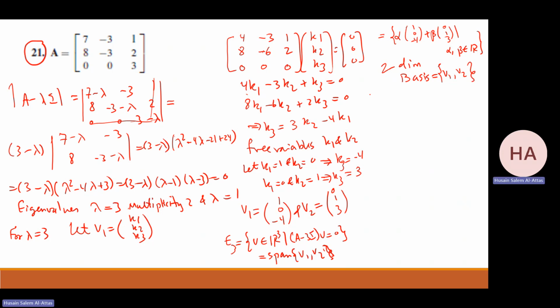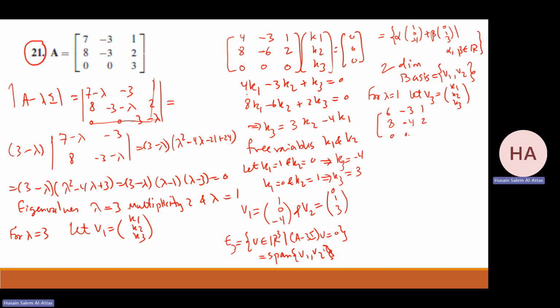Now for lambda equal, what is it? Lambda equal 1 now, the remaining. I let V3 now to be (K1, K2, K3). Solve the system. I have what? 6 minus 3, 1. 8 minus 3 minus 1. That gives me what? Minus 3 minus 1, that would be minus 4, 2.